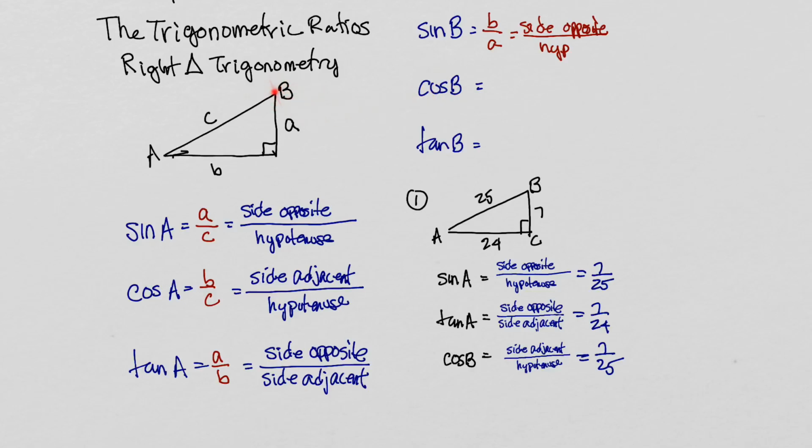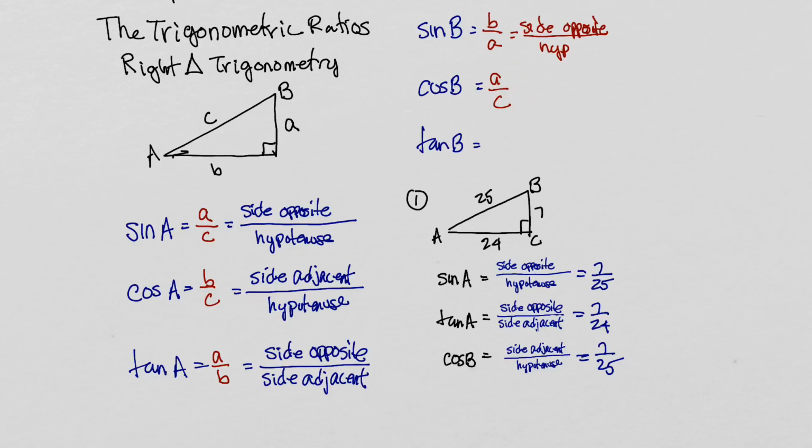Now, the cosine of B. So locate ourselves at B, and here's the definition. The cosine is the side adjacent to the angle over the hypotenuse. So come up here at B. The side adjacent is a, over the hypotenuse. So we're going to write this as a over c, right? It's the adjacent over the hypotenuse.